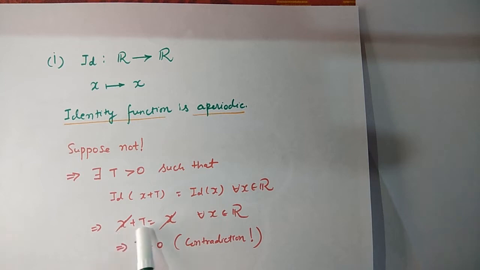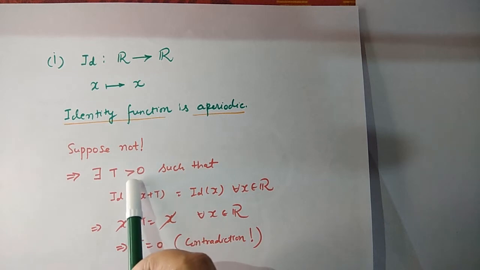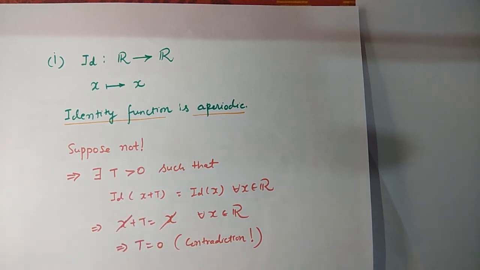But this means that x plus t is equal to x for all x belonging to R, which implies that t is equal to 0. Now, this is a contradiction because a period necessarily has to be positive. So the conclusion is our assumption that the identity function is periodic is false, and hence the identity function is aperiodic, which is exactly what we wanted to show.